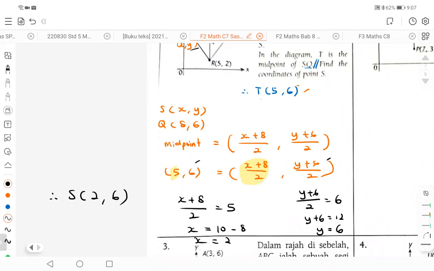You can try number 2. If you have finished copying number 1, it is the same idea for number 2. Find out the coordinate of key first. If you have the answer, type in the chat box.